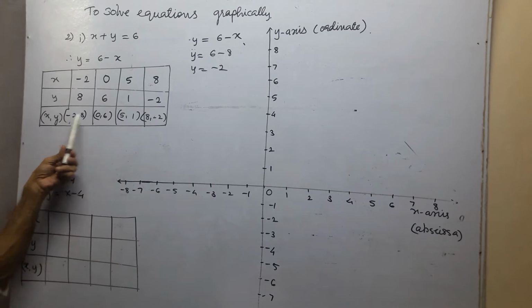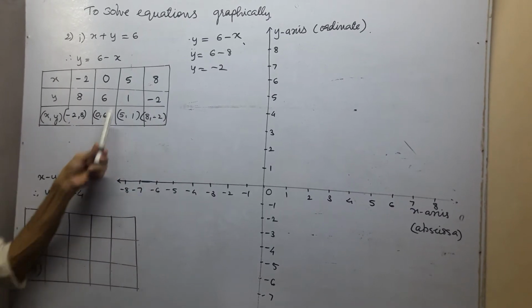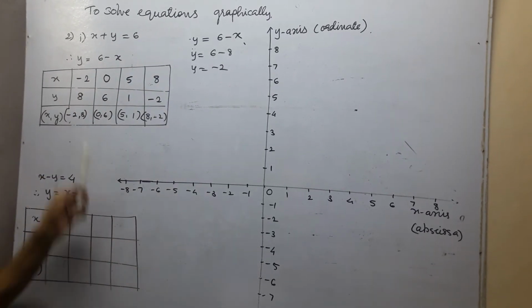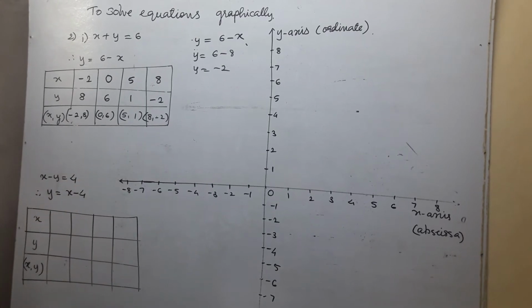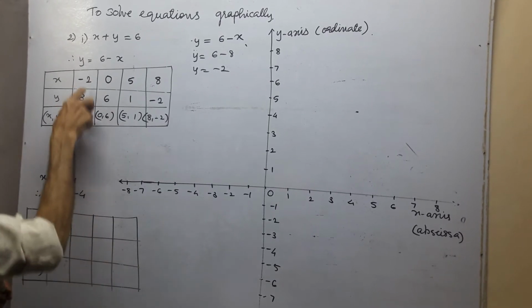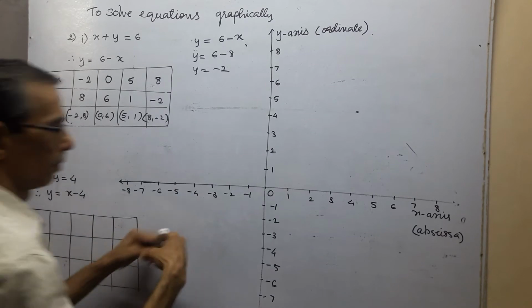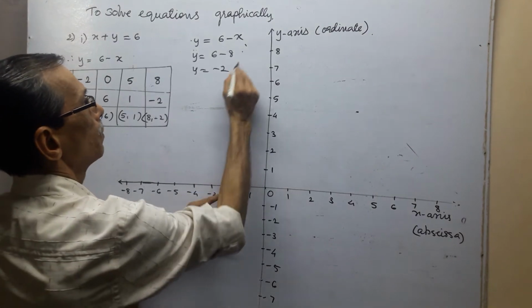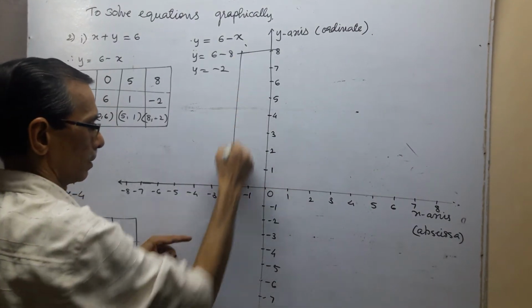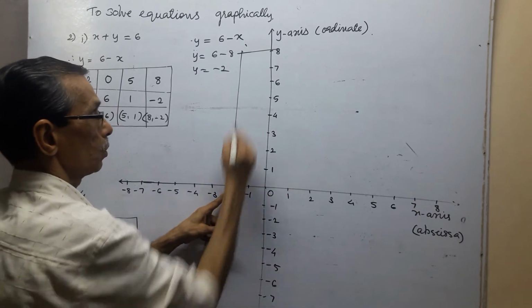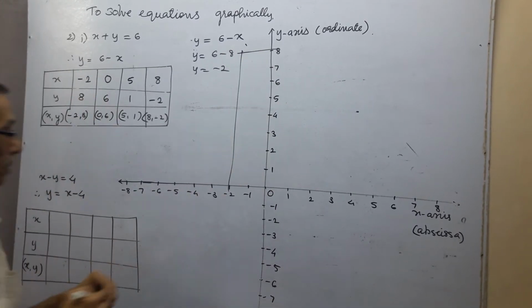Now here, plot first point and last point and draw a big line, and you get all these points on the line. So here, first point is minus 2, 8. So you will come here, somewhere here. x is minus 2, y is 8. So point is here.